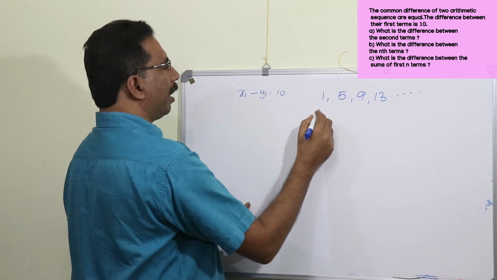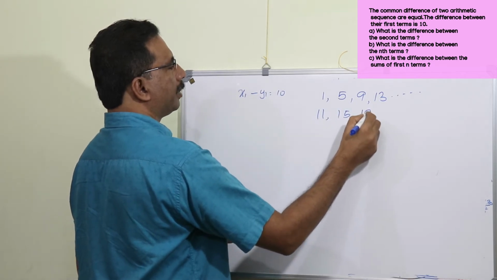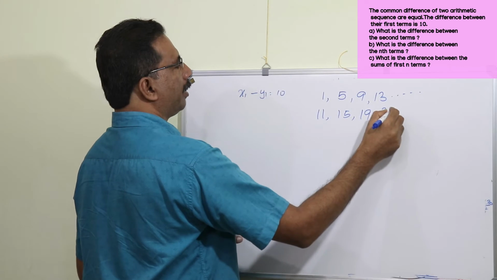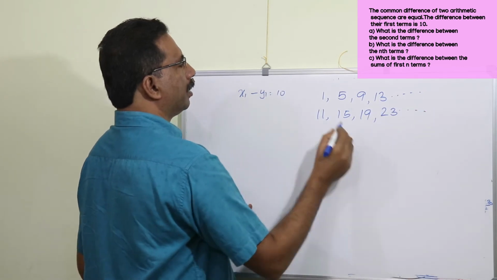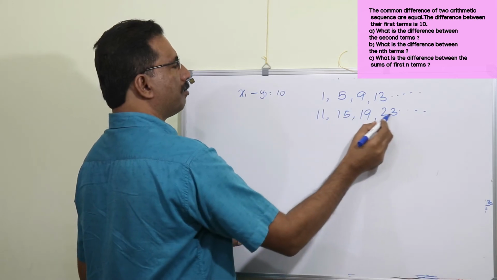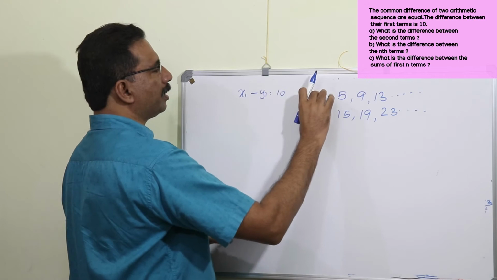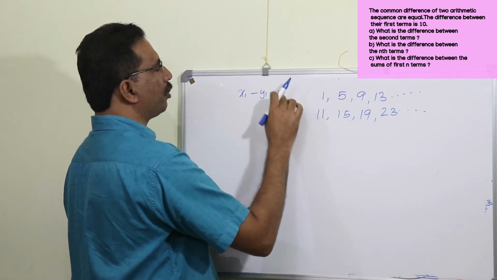Second sequence is 11, 15, 19, 23, etc. The common difference is 4, we know. Here also common difference is 4. And the difference of the first terms is 11 - 1, 10.